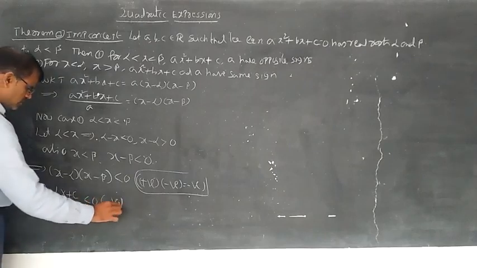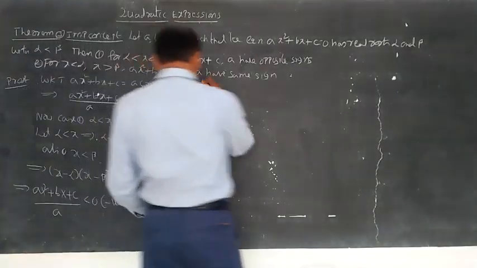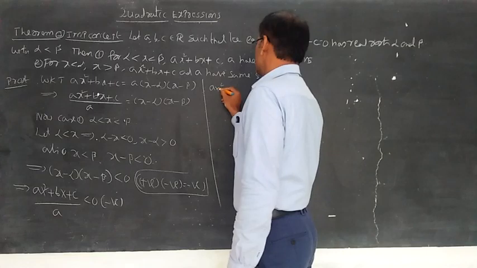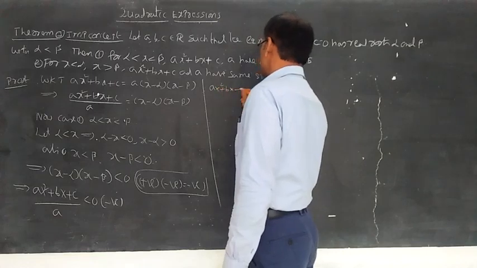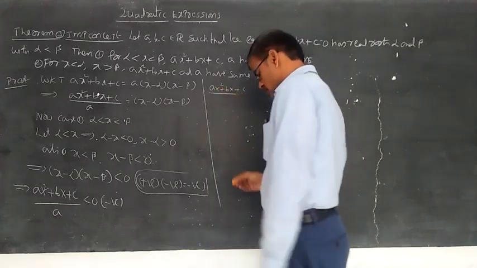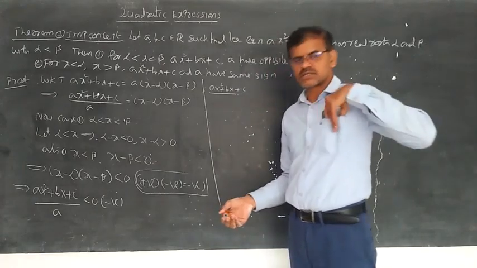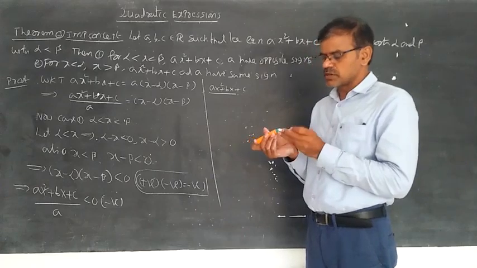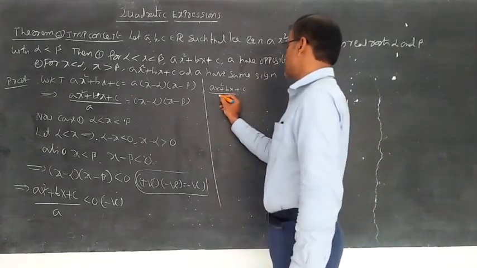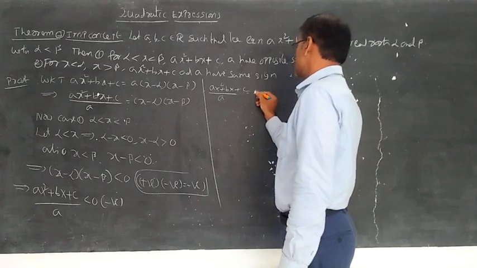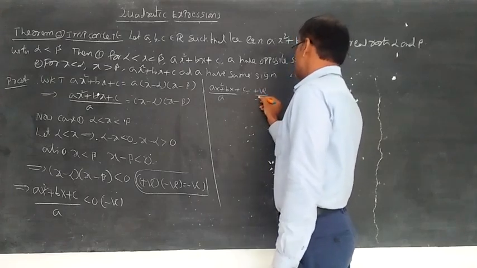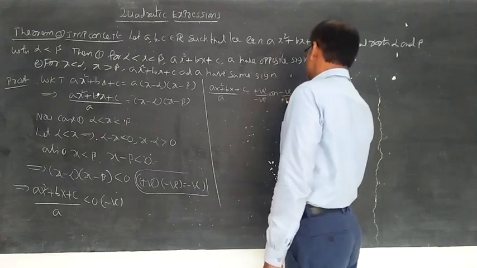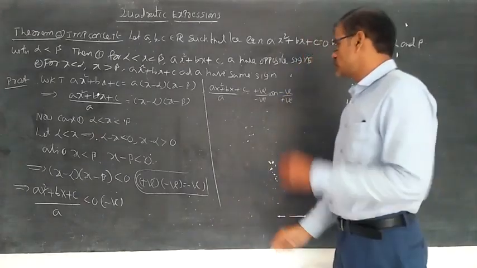That is negative. Negative means ax square plus bx plus c by a is positive by negative or negative by positive.